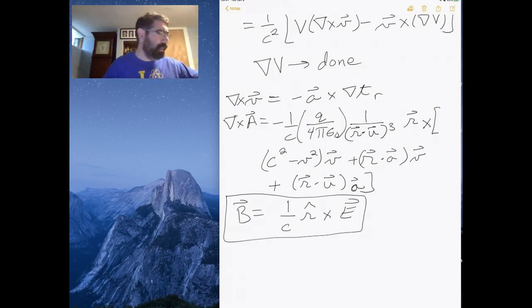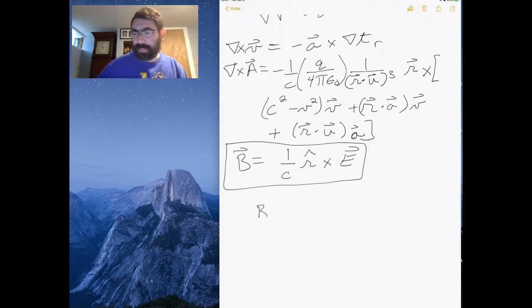And so what you find is that you have this connection between the magnetic field and the electric field, which we've seen before when we talked about electromagnetic waves: the magnetic field is now the cross product of the electric field and the direction, let's say, of the charge.